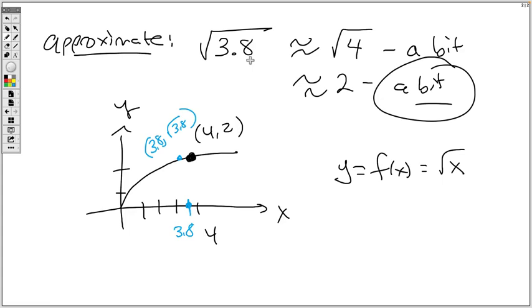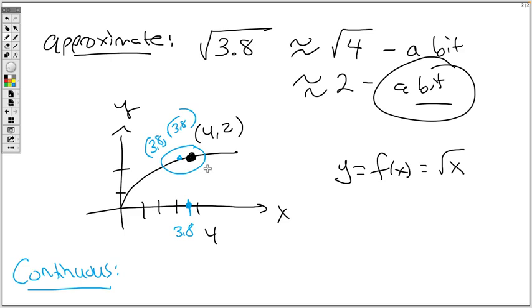Now, the fact that this function is continuous means that everywhere on the graph, the limit value matches the function value.